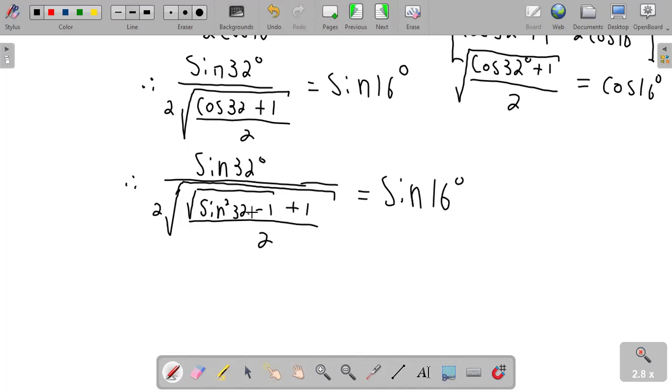Oh no, this is 1 minus. So it should be the other way around. It's 1 minus sine squared 32. That gives us 32 here.